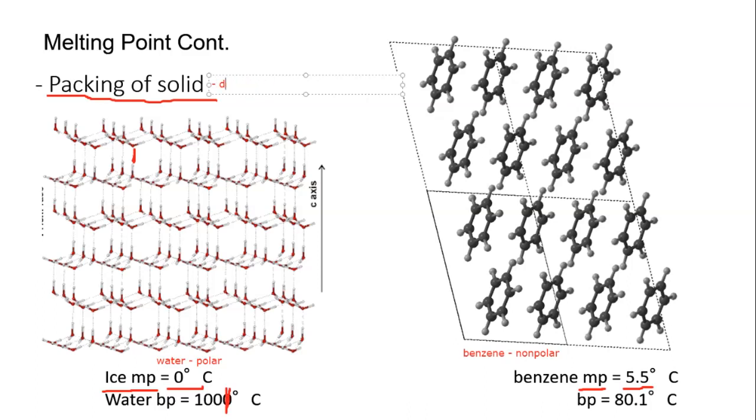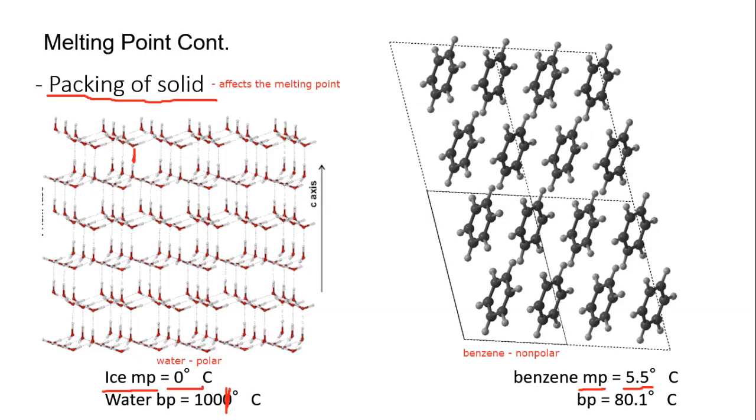So the packing of the solid affects the melting point. The more tightly it packs, the more squeezed in those molecules are, the more energy it takes to release them. So based on the packing, that's why benzene has a slightly higher melting point than ice.